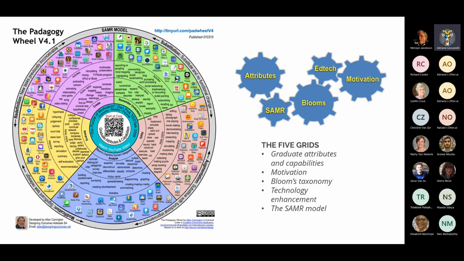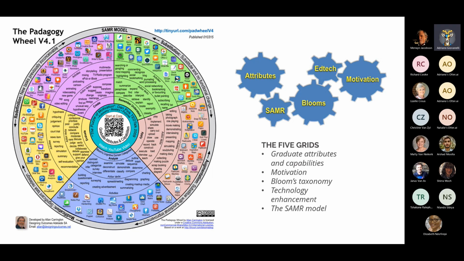If you don't know what the SAMR model is, it was developed by Ruben Puentedura. It stands for substitution, augmentation, modification, and redefinition, which is a way to digitally empower learning and teaching, moving beyond what can be taught using analog technology.